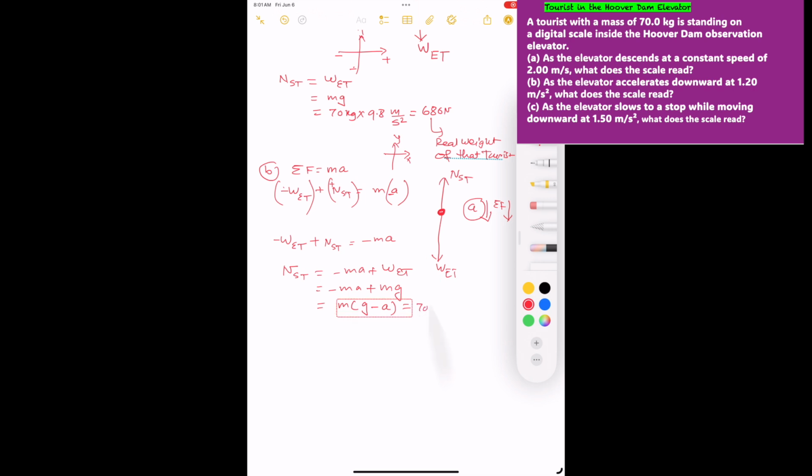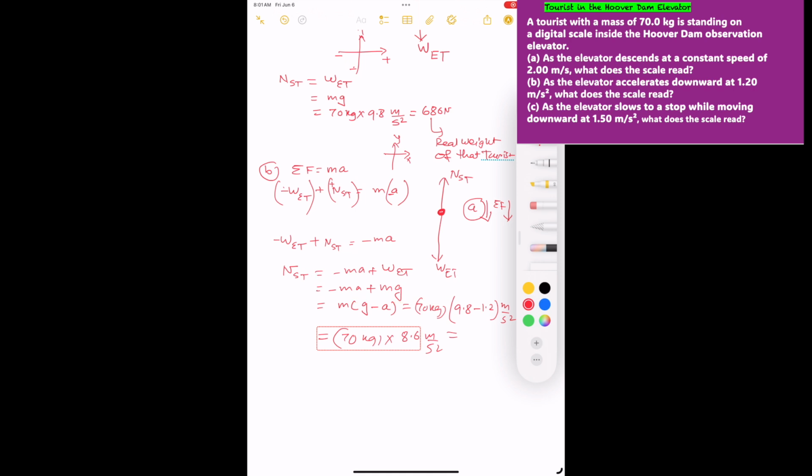So mass is 70 kilograms, g is 9.8 meters per second squared, acceleration is 1.2 meters per second squared. If we do that, we get 70 kilograms multiplied by 9.8 minus 1.2, that gives 8.6 meters per second squared.